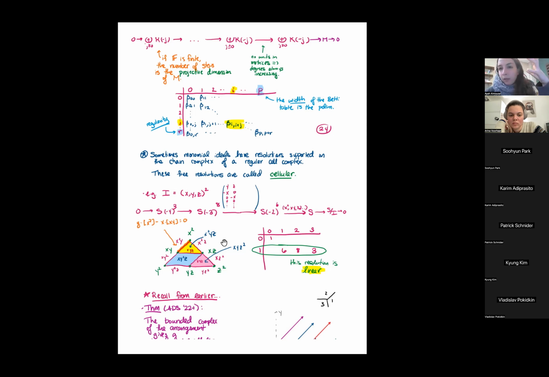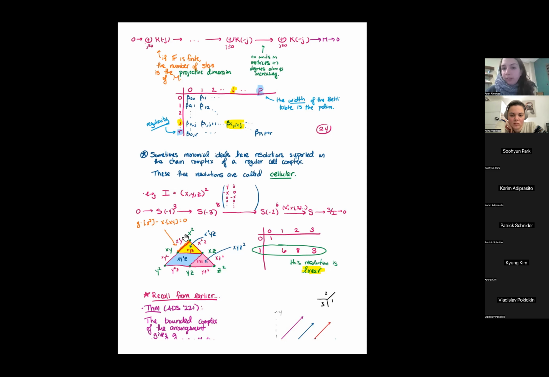So that's the intuition. But we do have the monomial labelings, and if you want to prove that something is a cell complex, you have to show that these monomials are consistent in some way.